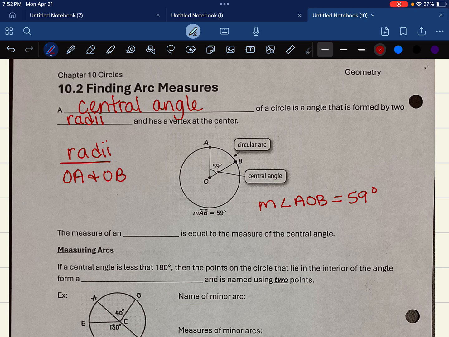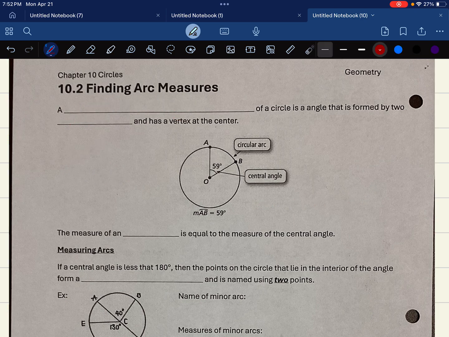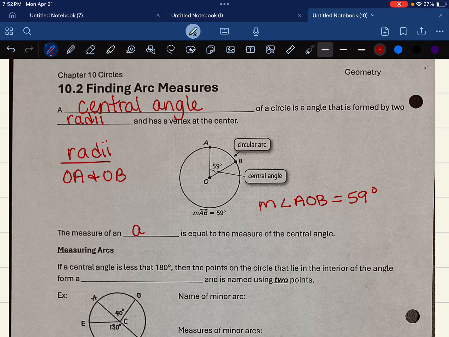So if we know they're both the same, then we know that the measure of an arc is equal to the measure of the central angle, right? So those two things are interchangeable. If you know the central angle, then you can also find the measure of the arc on the outside as well, right? Just like we did here. Our central angle is 59, the arc also 59.